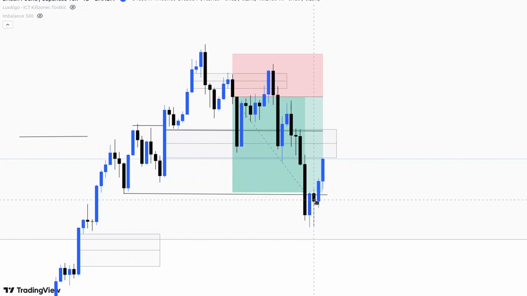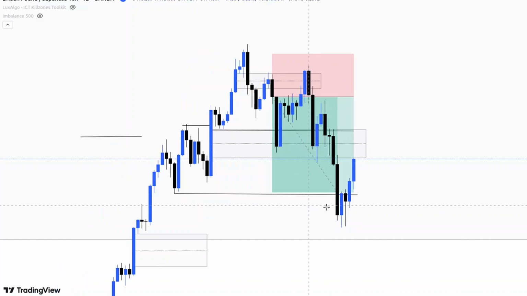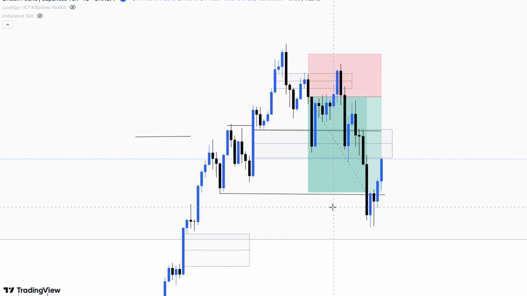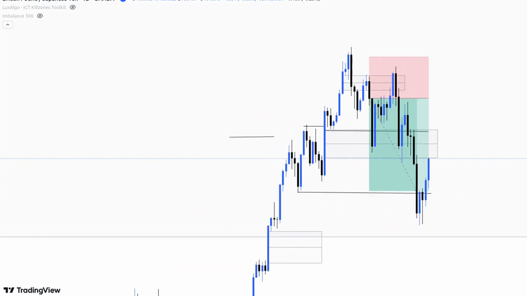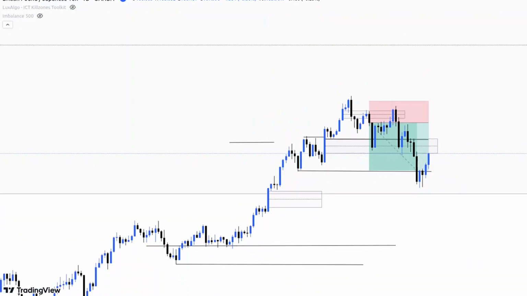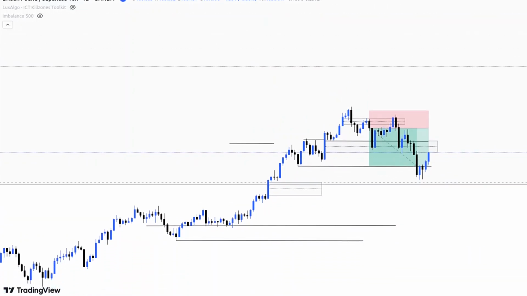So that is how I analyze my market, and what we are looking at here is probably a market maker model that is playing out. As you can see, we are still in our bigger time frame area of interest.